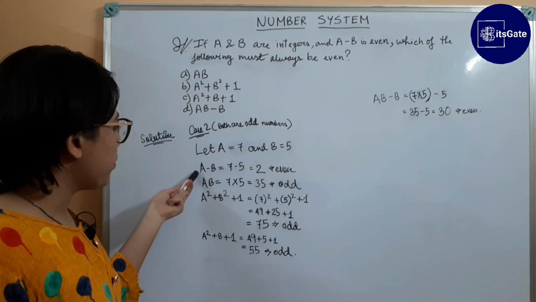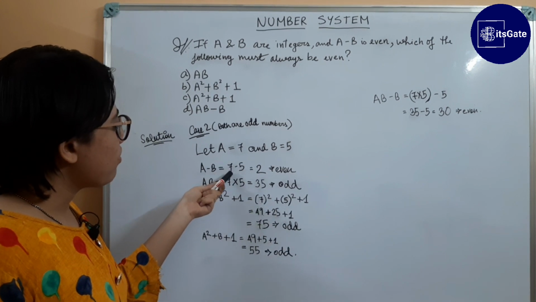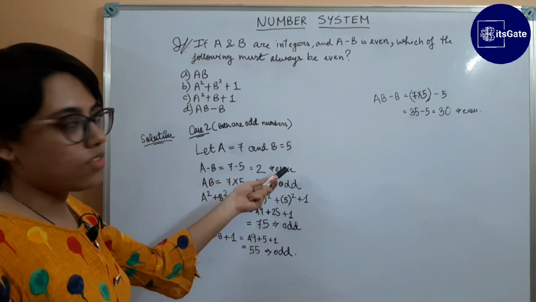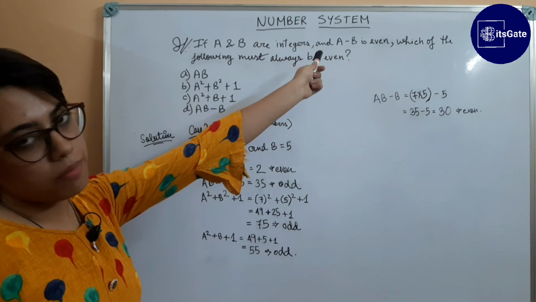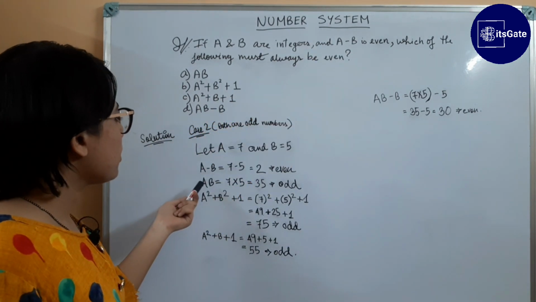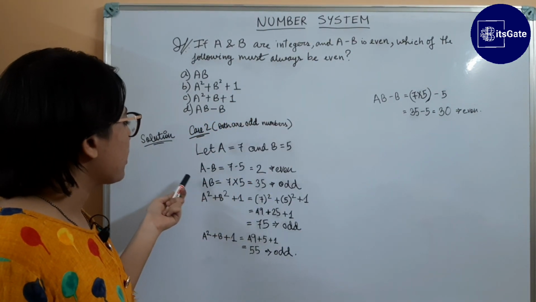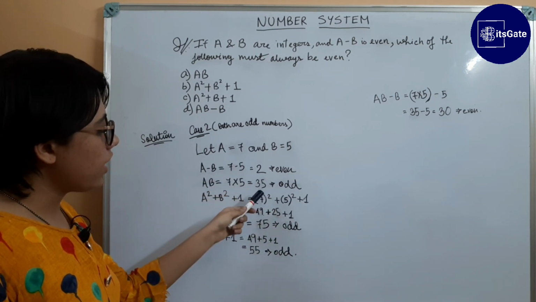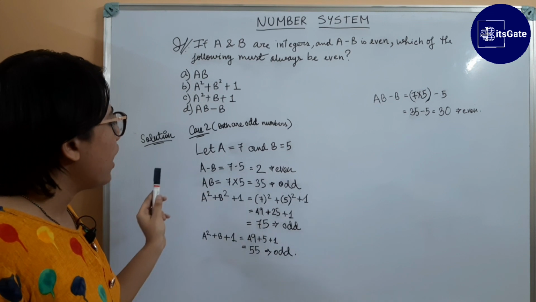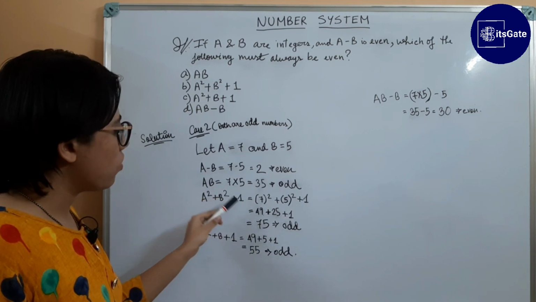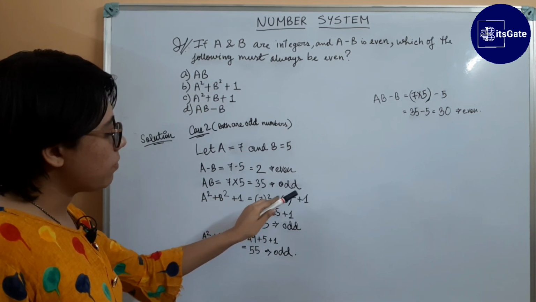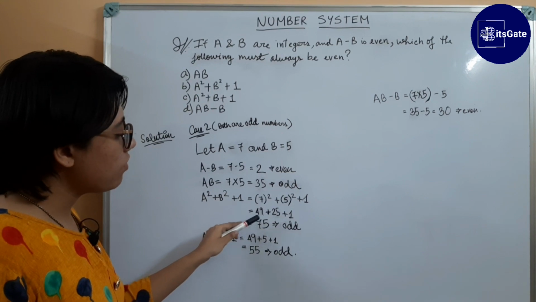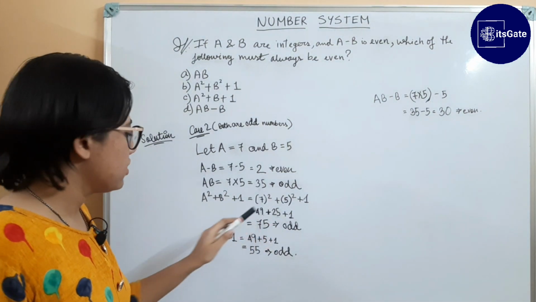So here we compute a minus b as 7 minus 5 equals to 2, which is even. According to our question, a minus b is even. Now we can again compute that ab is equals to 7 into 5, which is 35, which is odd, and a square plus b square plus 1 is 7 square plus 5 square plus 1, which is equals to 75, which is again odd.